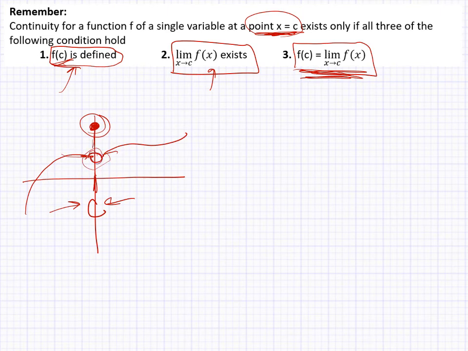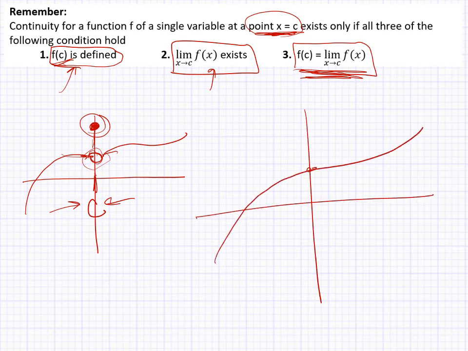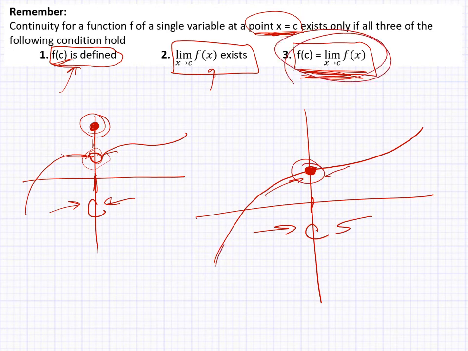Therefore, I have this hole in the graph and I have a discontinuity. As opposed to if my graph looks like this and it's solid all the way through, then this is continuous. Why? Because the function value exists. It's right here, whatever that y value is. Say this is c. The limit as I approach c exists, and it's that same y value, and they're equal to each other. Therefore, all 3 things happen, and I have a continuous function.